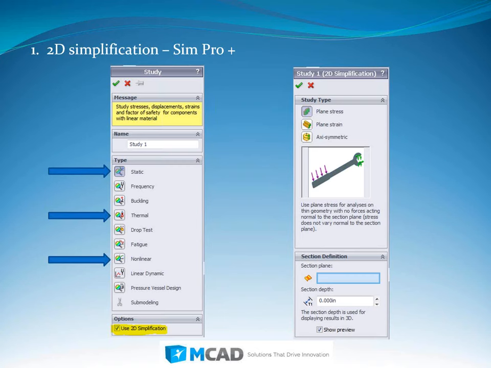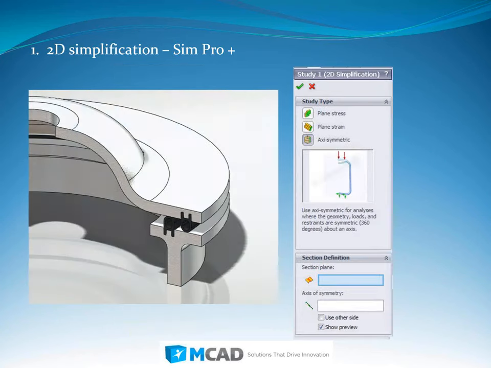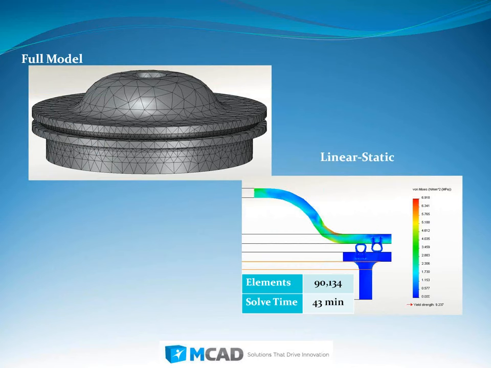And then the third being an axisymmetric type of a setup for those types of problems like pressure vessels, cylindrical type shapes. And what I want to do in this presentation is to show you the axisymmetric functionality for 2D simplification on this pressure vessel lid that's sealed to a flange with a couple of elastomeric gaskets. So we'll take a look at this, and we'll see the benefit that can be afforded by using 2D simplification in this problem.